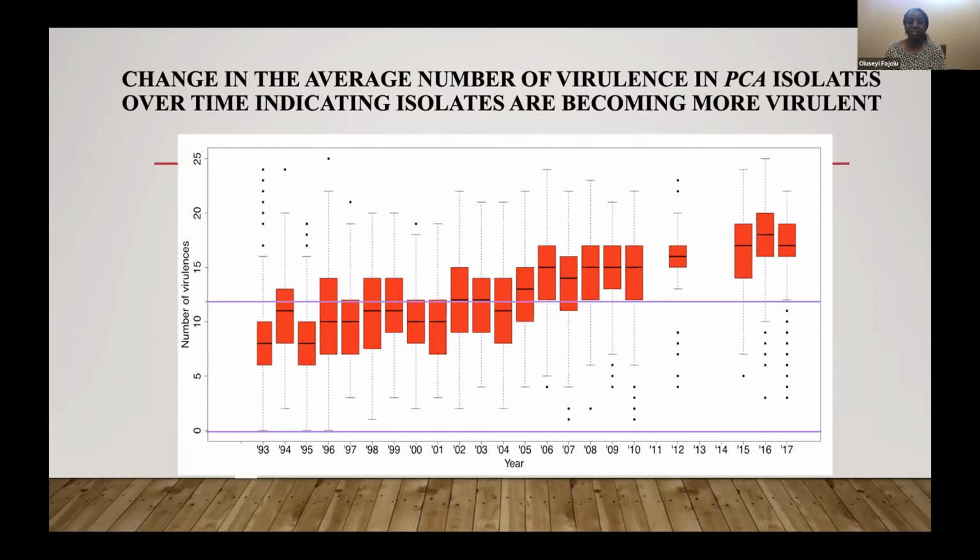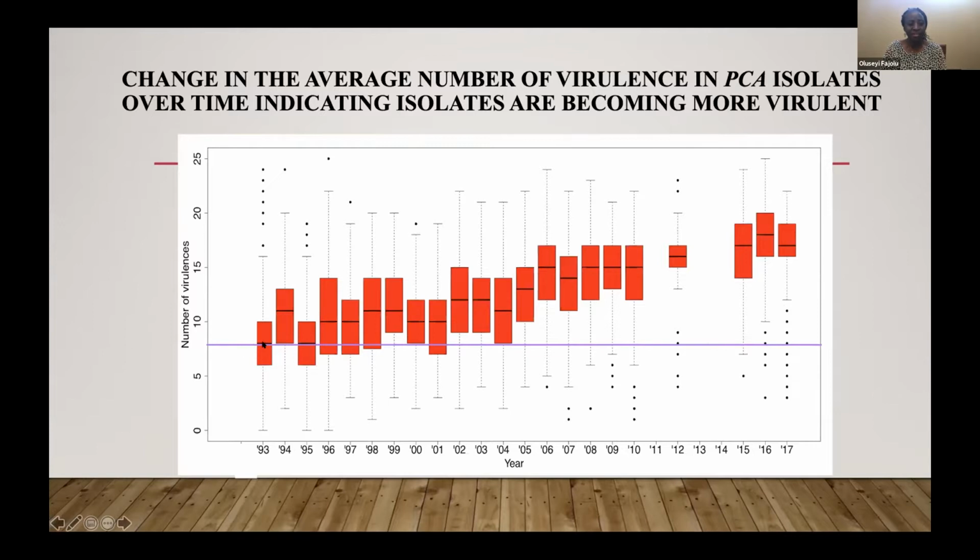After 25 years, the minimum number of virulences had increased to 12. Second, the mean number of virulences per isolate in 1993 was approximately 8. But in 2017, the average number of resistance genes defeated per isolate was 17.